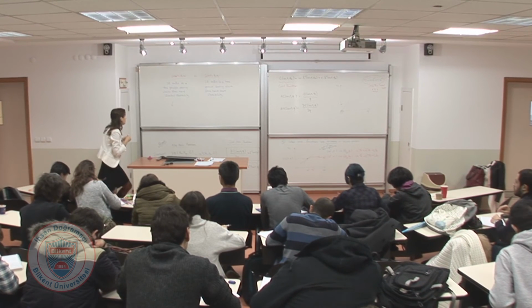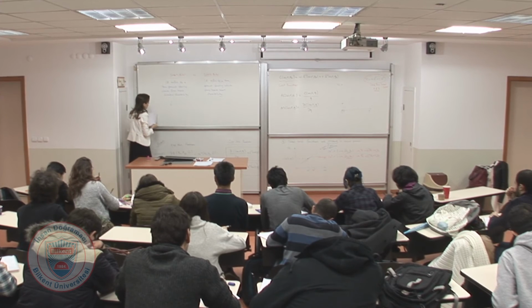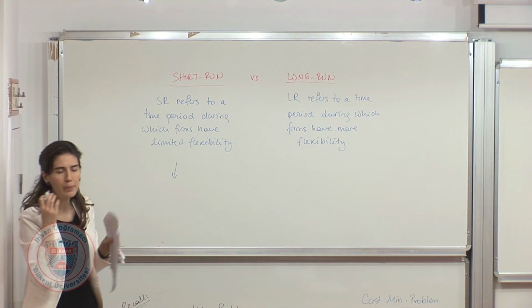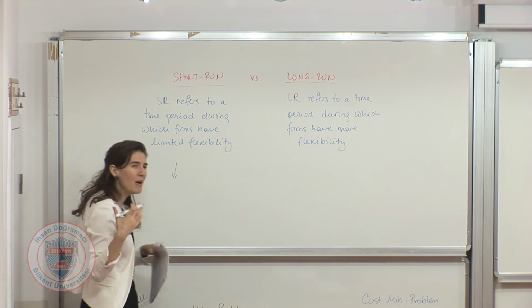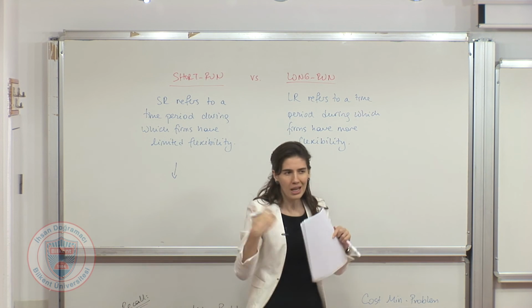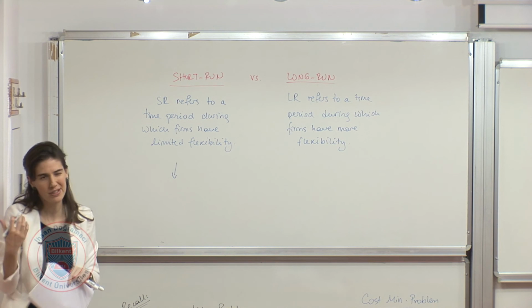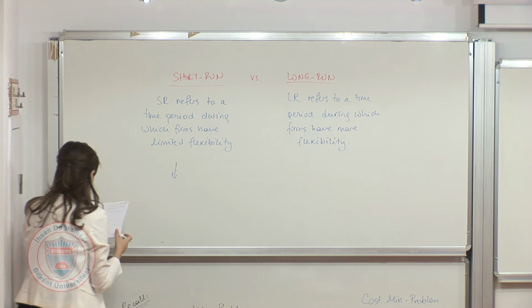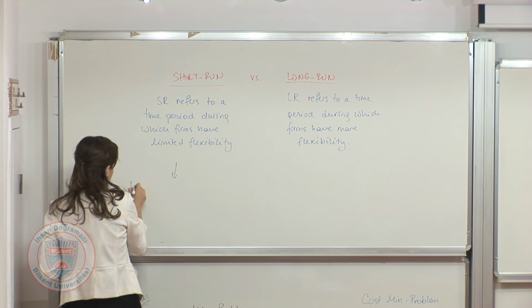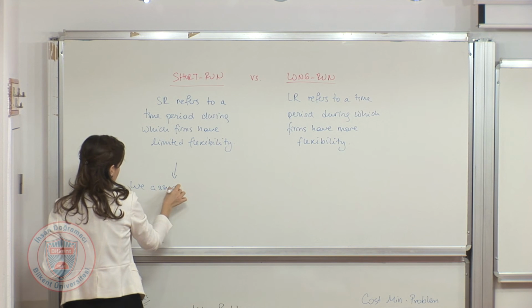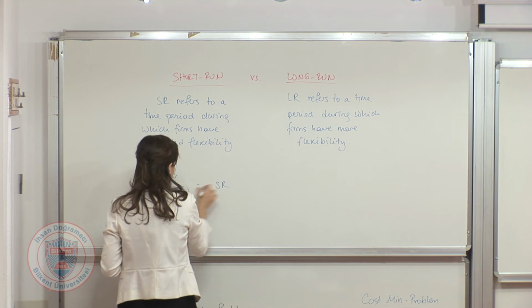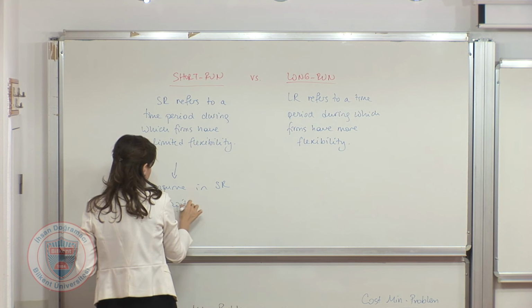Mostly, this is the typical practice because it's much easier to hire laborers, but it's harder to have physical capital. That's why we usually assume, most of the time, that in the short run, capital is fixed.